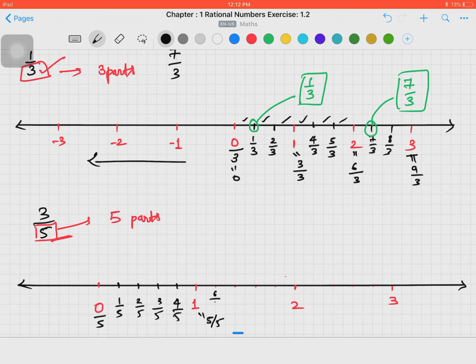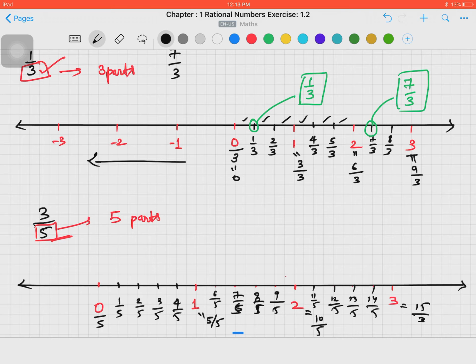Then we have 6 by 5, 7 by 5, 8 by 5, 9 by 5, and this 2 is equal to 10 by 5. Similarly, here we have 11 by 5, 12 by 5, 13 by 5, and 14 by 5, and 3 is equal to 15 by 5. That's how you can represent this number.